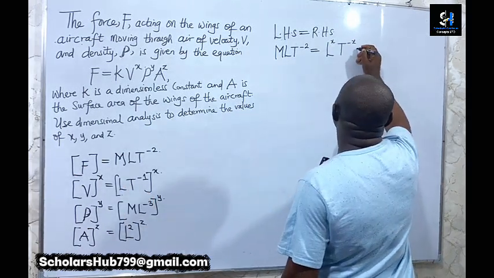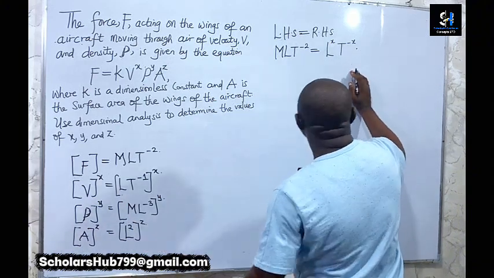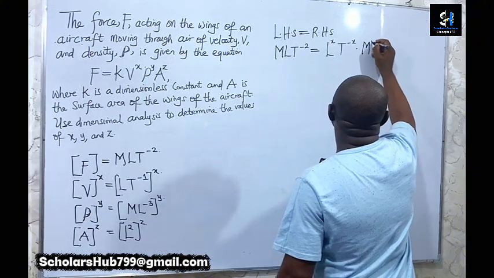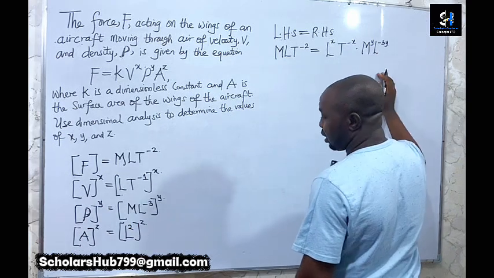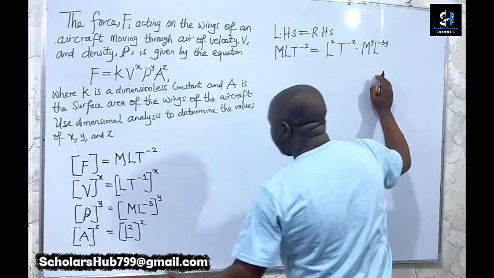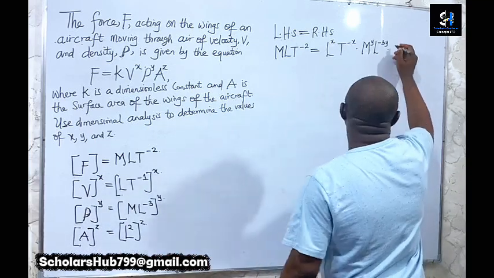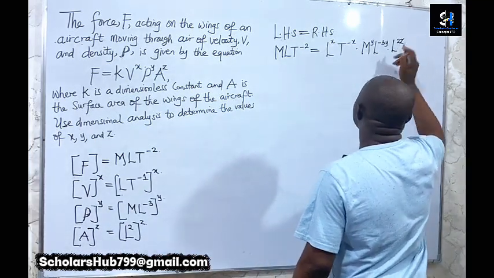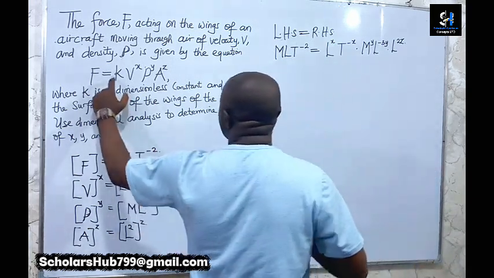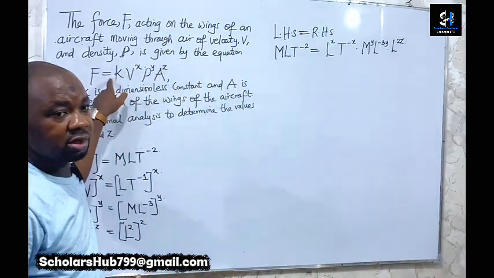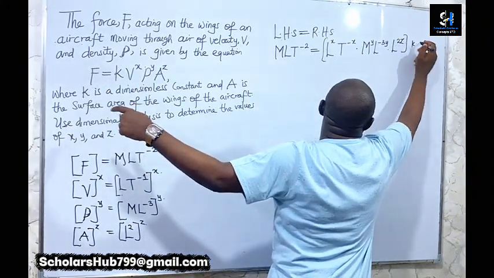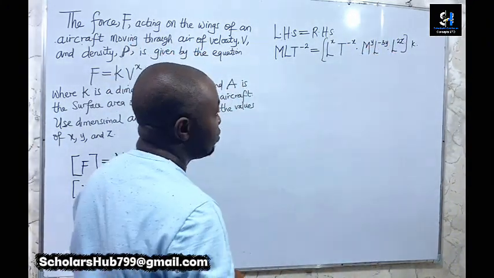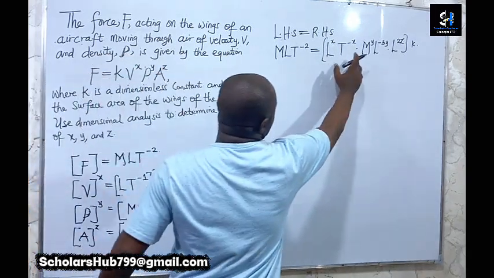Then multiplied by, for density, M^y, then L^-3y. Then for A, multiplied by L^2z. Remember, K is a dimensionless constant, so all of these will be multiplied by K, and we only need to equate this.